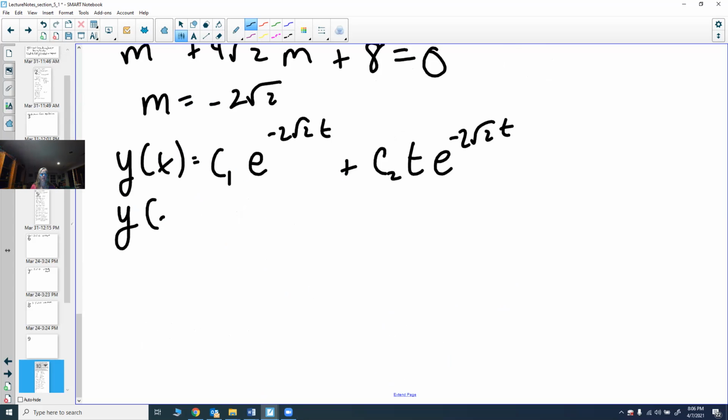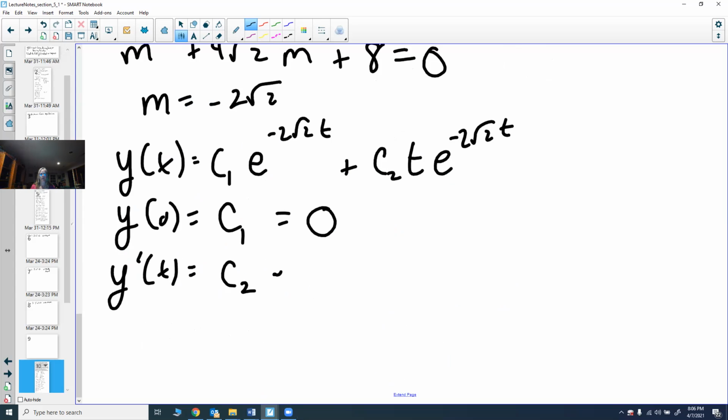So y of 0 will give me c1, and that is equal to 0. So we know c1 is 0. For y prime of t, we already know c1 is 0, so you can ignore that. It's going to be c2 e to the minus 2 square root of 2 t, minus 2 square root of 2 c2 t e to the minus 2 square root of 2 t.